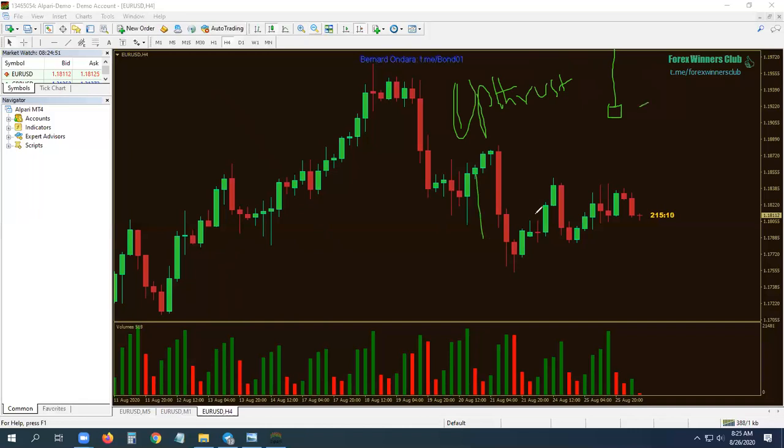Downthrust if it's pointing down, like this. Small body, long wick. Now, there's only one thing you need to check. When this candle prints on your chart, volume must be very high. For this candle and this candle, volume must be very high compared to previous candles.